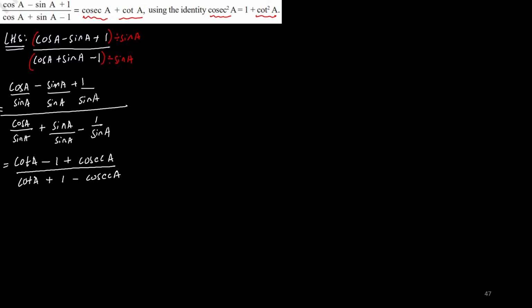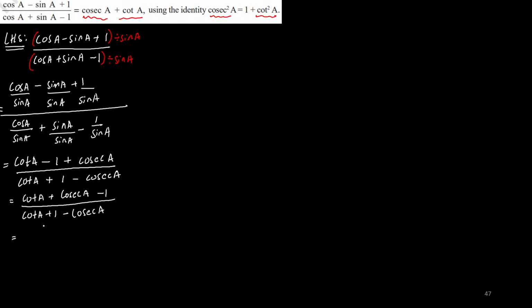So now what I do here is, pay attention. Cot A plus cosec A, I will write over here, minus 1, divided by cot A plus 1 minus cosec A. I will write it as it is. Now I have to use this identity. It is clearly given to you that you have to use this identity.